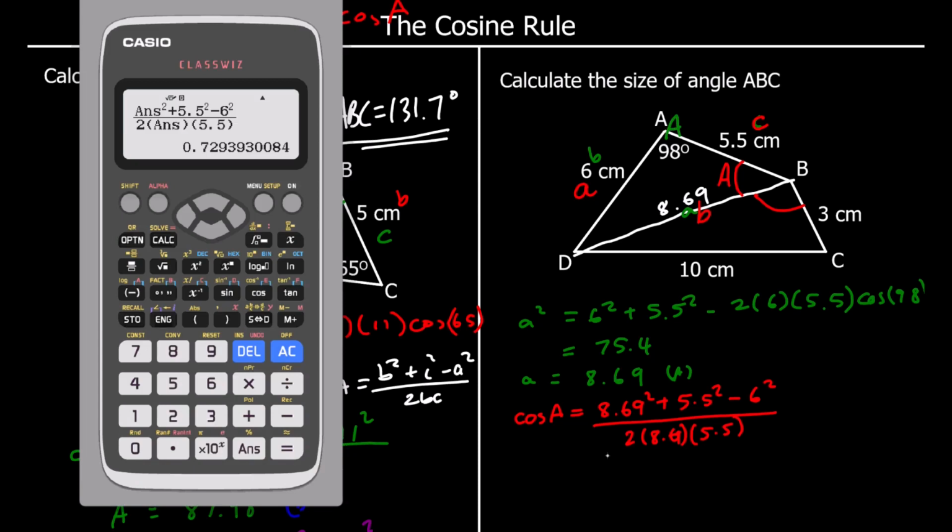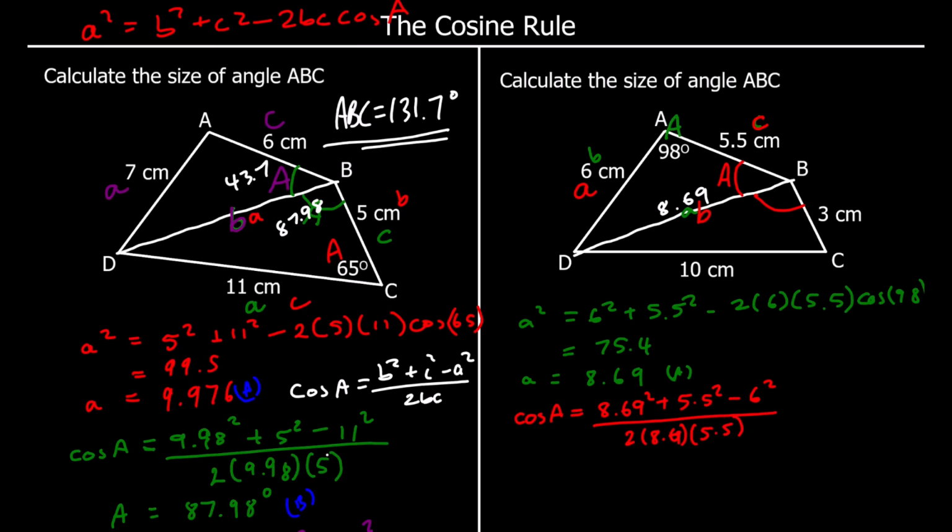If this was an exam paper, I'd be writing that down. And then I'm going to shift cos answer to get A as 43.2, and I'll store that as B. So A is 43.2 degrees.